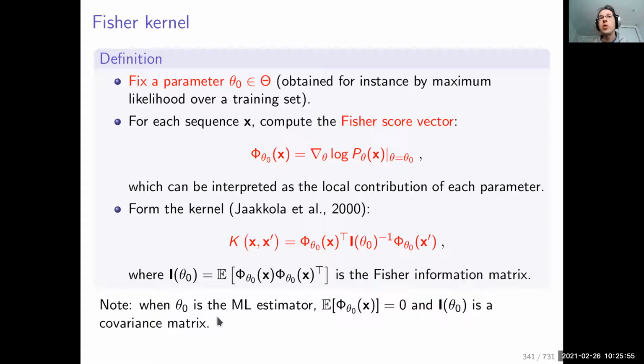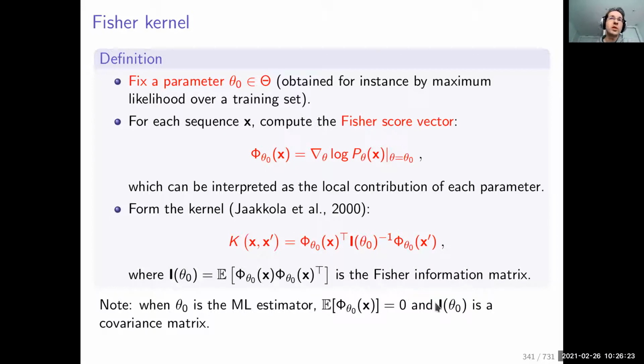Note one thing: when theta 0 is obtained by maximum likelihood, it means that the expectation of your Fisher score is equal to 0, because what you do when you compute maximum likelihood is that you are optimizing the log likelihood. Since the Fisher vector is the gradient of the log likelihood, when you take the expectation, you get 0.